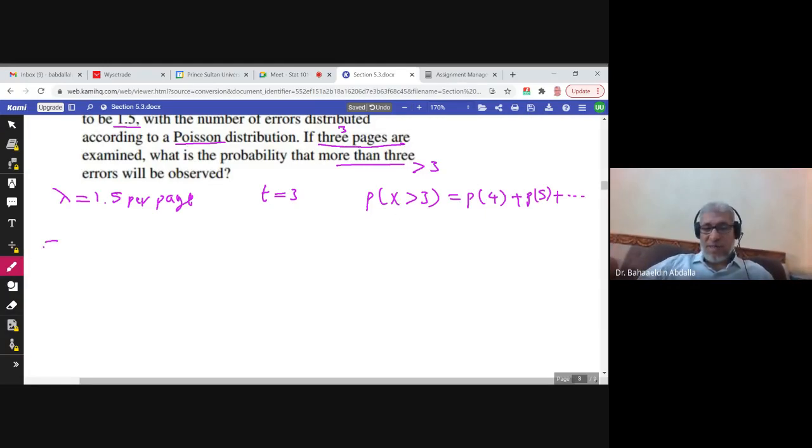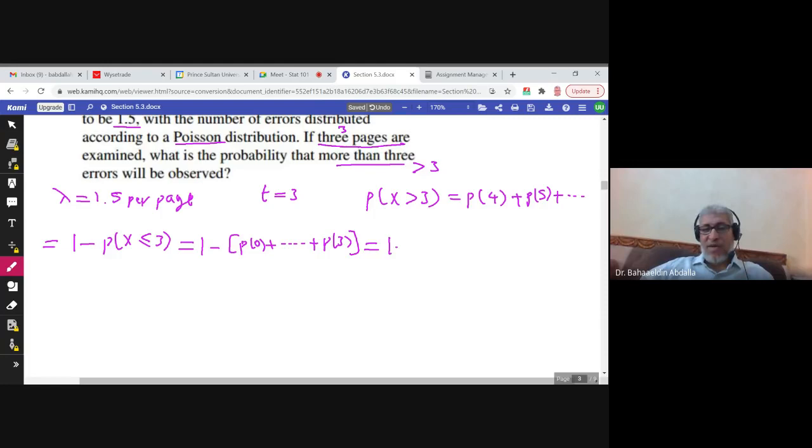You have to write it as 1 minus the probability of x less than or equal to 3. You subtract from 1 the probabilities from 0 up to 3, because the probabilities from 0 upwards sum to 1.